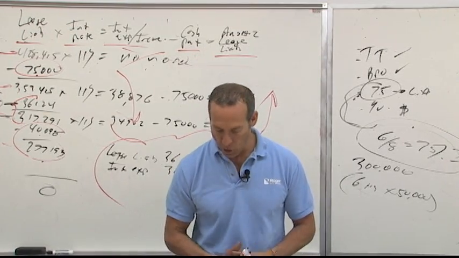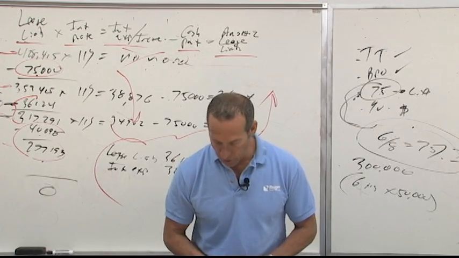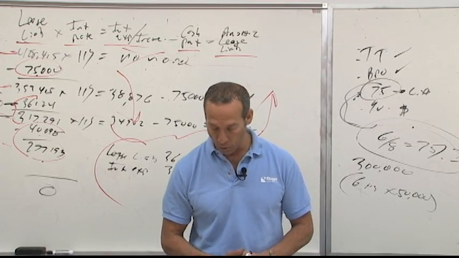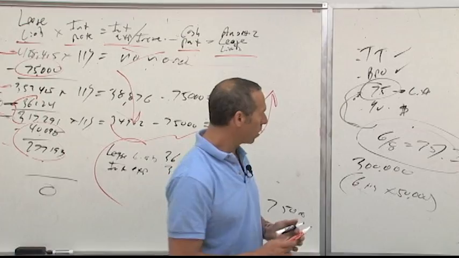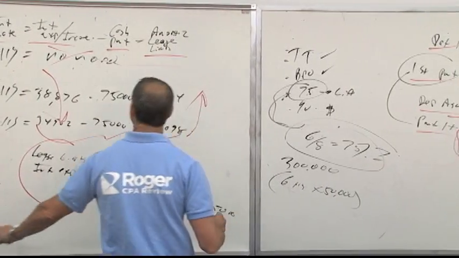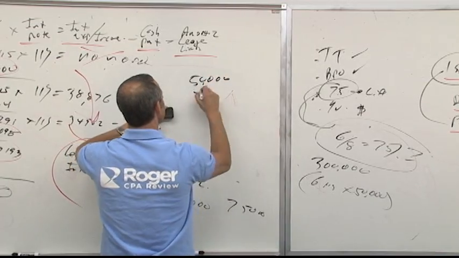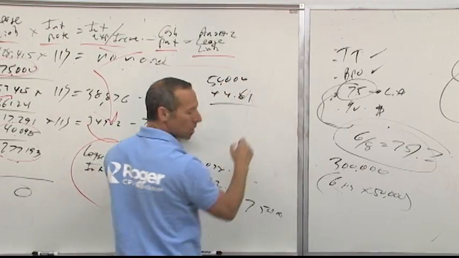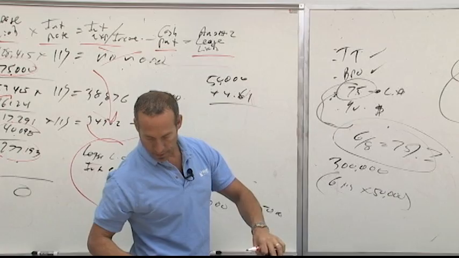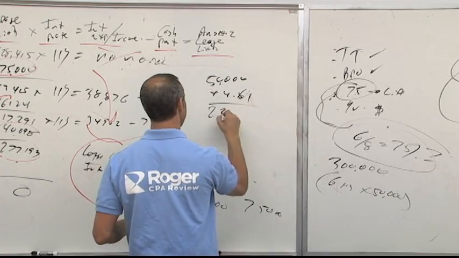It says the present value of an annuity of $1 for 6 periods at 12% is 4.61. So 4.61 times 50. So we're going to have $50,000 times 4.61, which gives me something like $235,000.